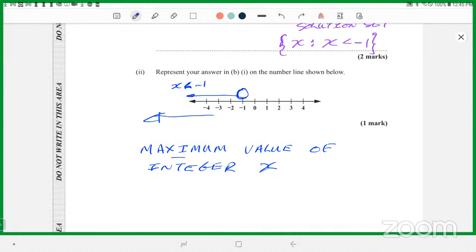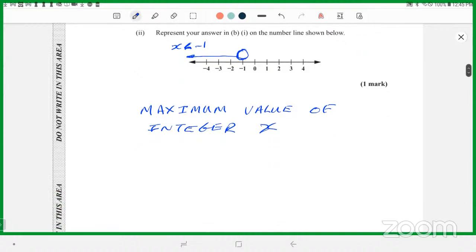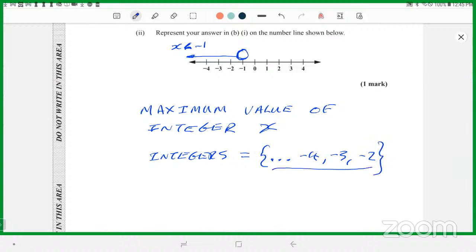Remember, the integers are your whole numbers. So if I were to list the integers, for example, the integers would be the set, and I'm going to put dots to mean that I'm continuing from negative infinity, then -4, then -3, then -2. So from -2 all the way down to negative infinity. If I were to list the values, this is the largest one in there.